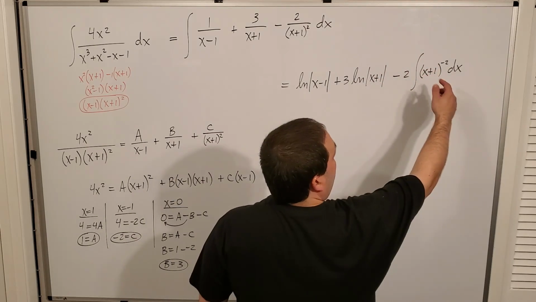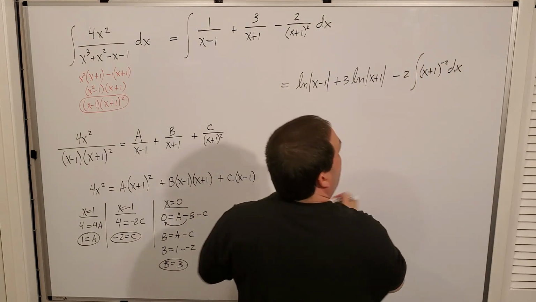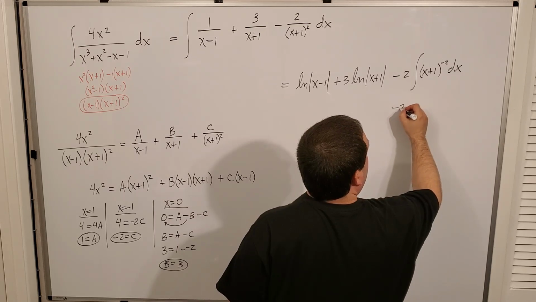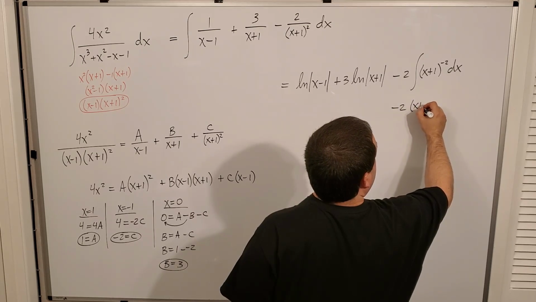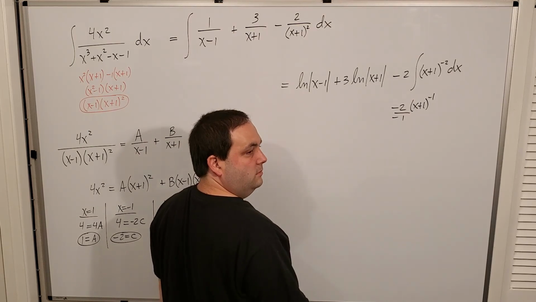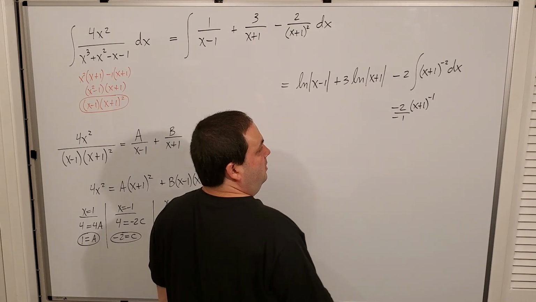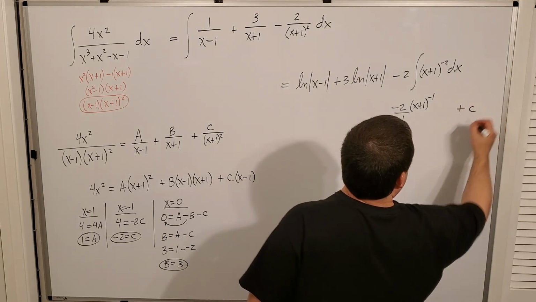So the power rule here is to add 1 to the -2 and go up to -1. The antiderivative then would be this. Divide by -1. That would be my antiderivative. Okay, now of course don't forget your plus c.